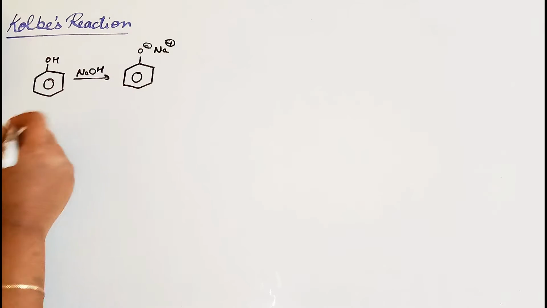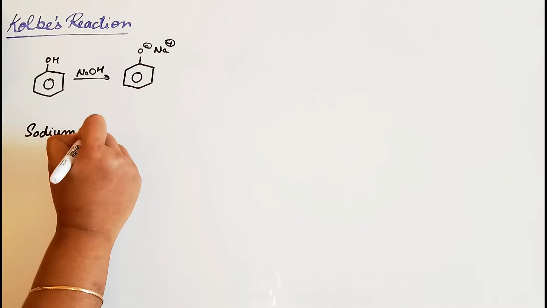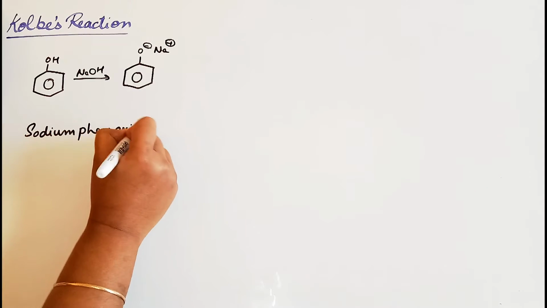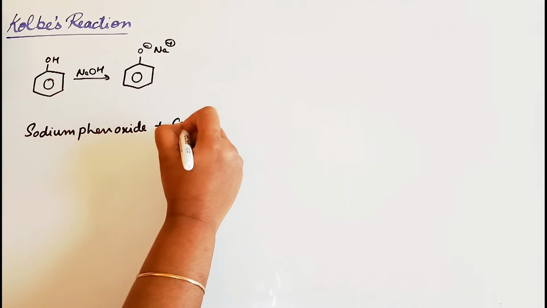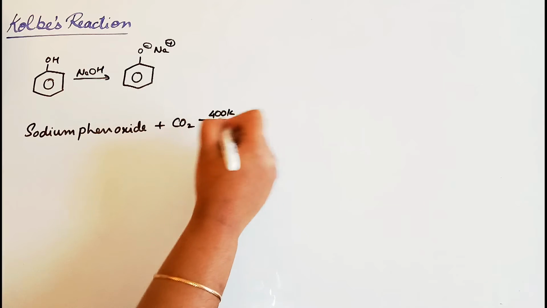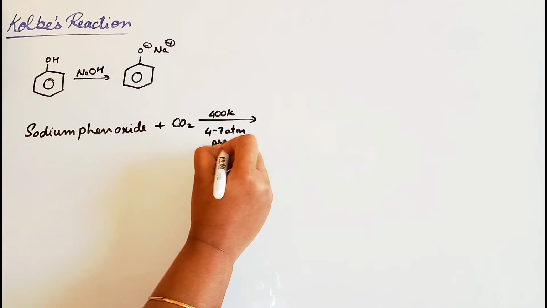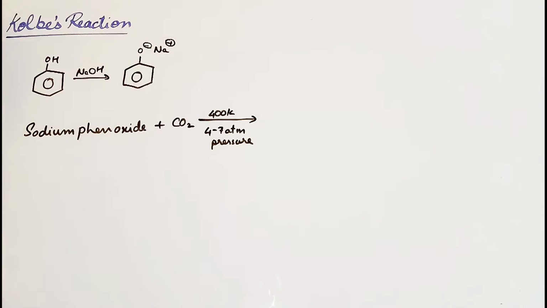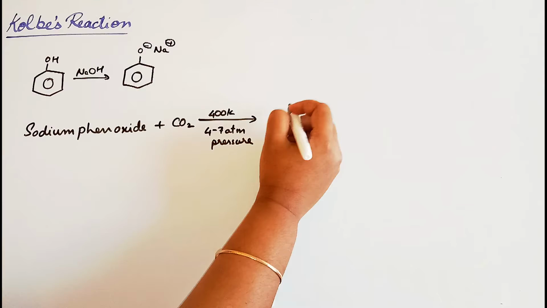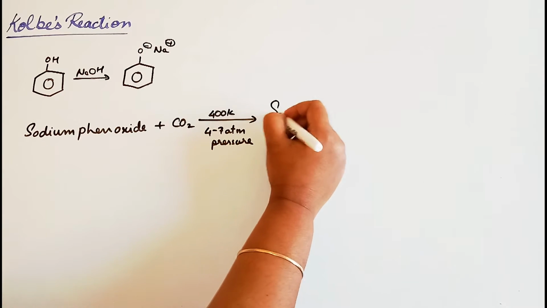So you have sodium phenoxide, which reacts with carbon dioxide at 400 Kelvin and 4 to 7 atmospheric pressure, or rather it's heated, to lead to the formation of sodium salicylate.